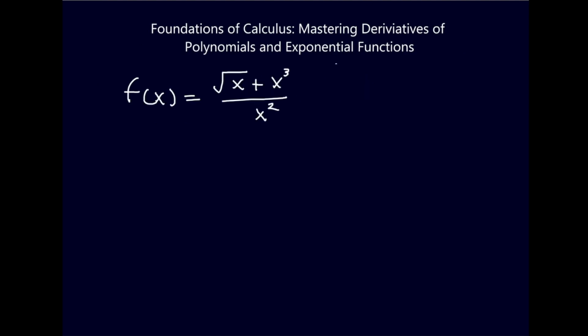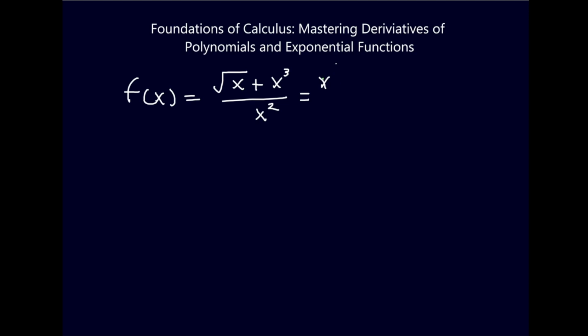So next up, we have f of x equals the square root of x plus x cubed over x squared. Now at first, it might seem like we can't use any of the rules we've talked about before, but we can if we do a little bit of simplification. So x squared can be rewritten.